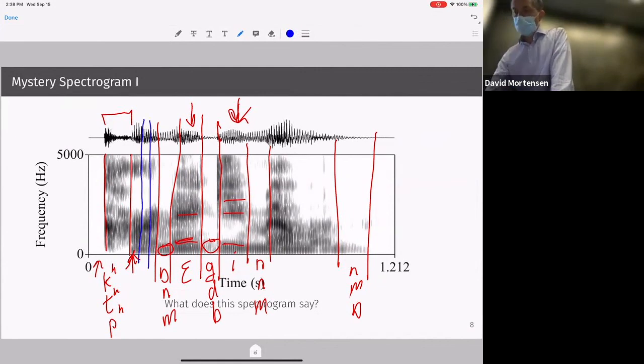And then when you get to the N, F2 shoots back up because of coarticulation with N, because that's what alveolars that are not R's do. R's look just like vowels on waveforms, pretty much, so they're a little hard to detect unless you can see the dip. And then the second vowel is real short.